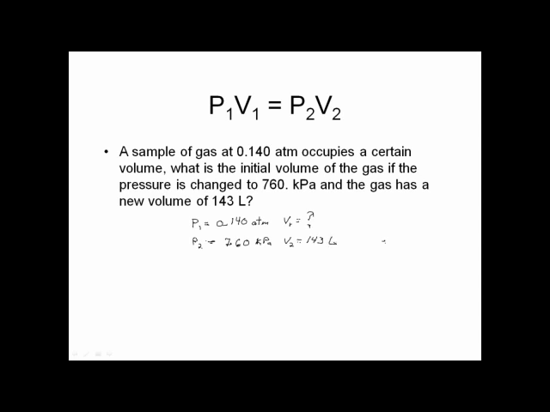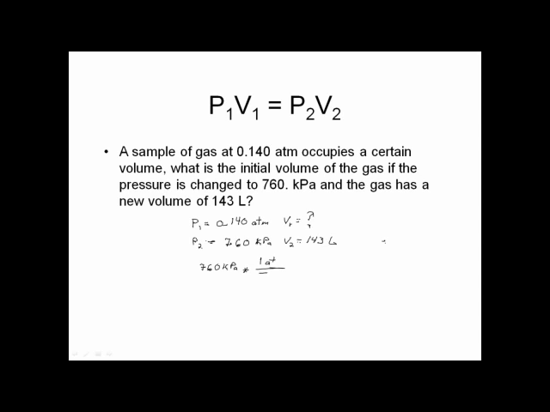What we're going to see, as I was mentioning, is that we have to have pressures in the same units. Here we don't. So I'm going to convert pressure 2, 760 kilopascals, into atmospheres. I could have just as easily converted atmospheres into kilopascals. It wouldn't make a difference because the units are going to cancel.